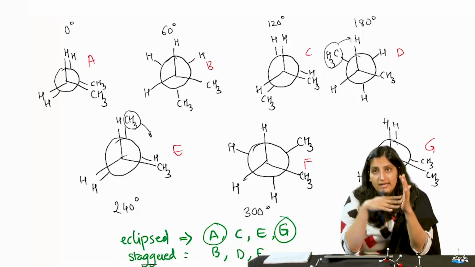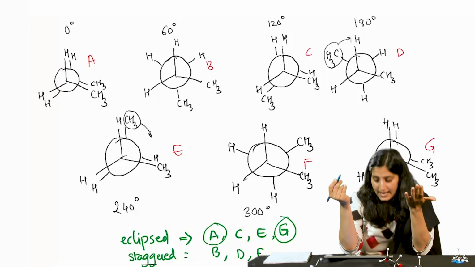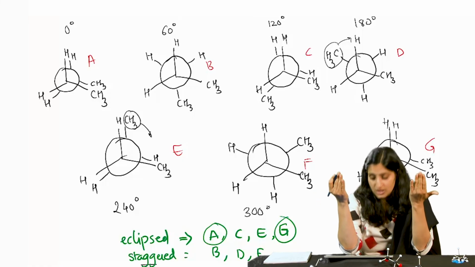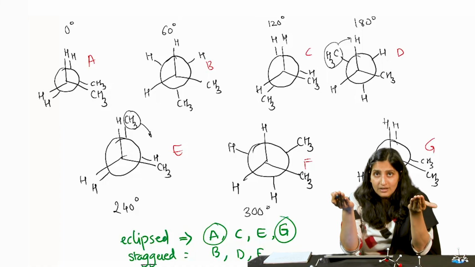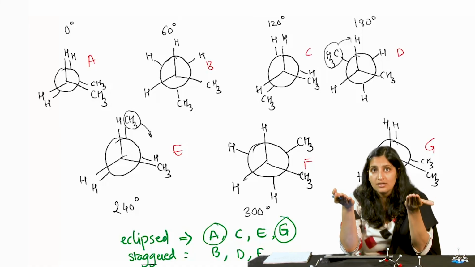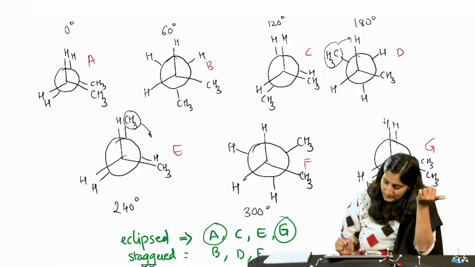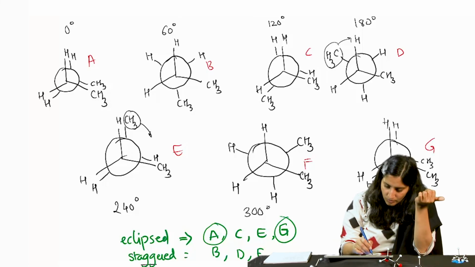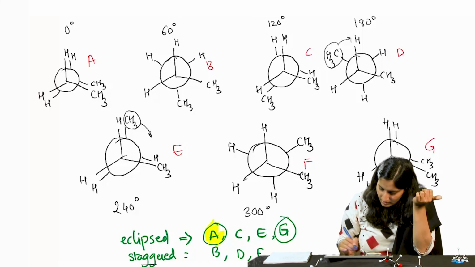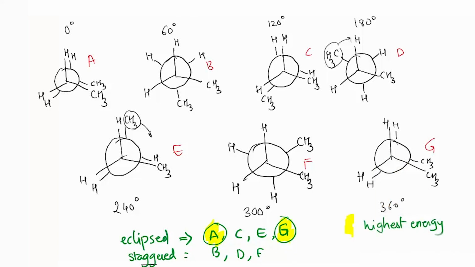So, now if I really think about it, A and G are the highest in energy, then you have C and E, which are lower in energy compared to A and G. Okay. So, I will show that A and G are the highest in energy.